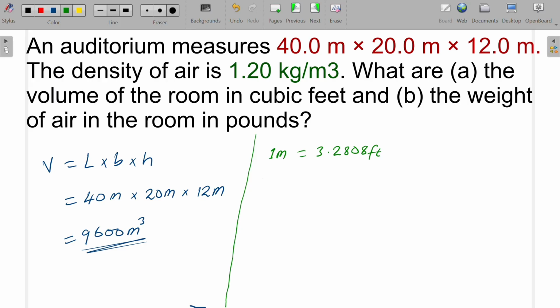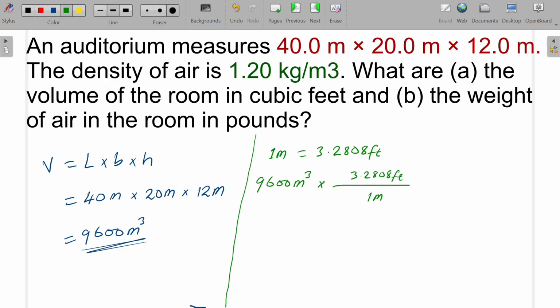We always start with what we have. We have 9,600 cubic meters, and we are converting it, so we bring in our conversion factor. Down here, since we want to cancel meters, we put 1 meter, is equal to 3.2808 on top, and this has the units of feet.